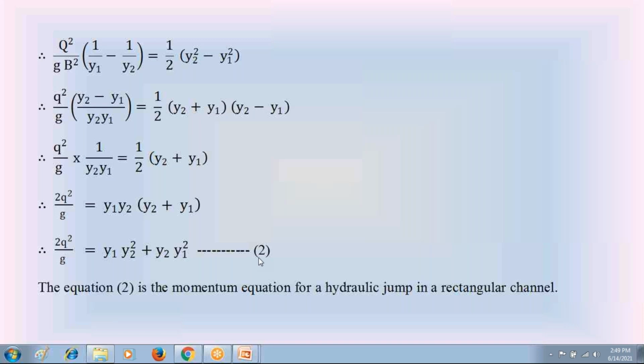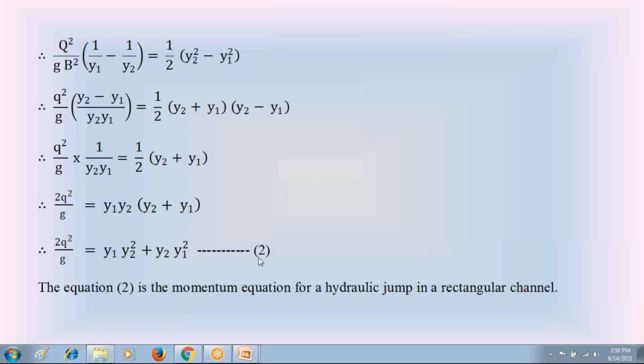Please everyone catch this. The equation 2 has y1 square. The equation 2 also has y2 square. Both are there. So you can consider the equation 2 as quadratic equation in terms of y1 and also in terms of y2.